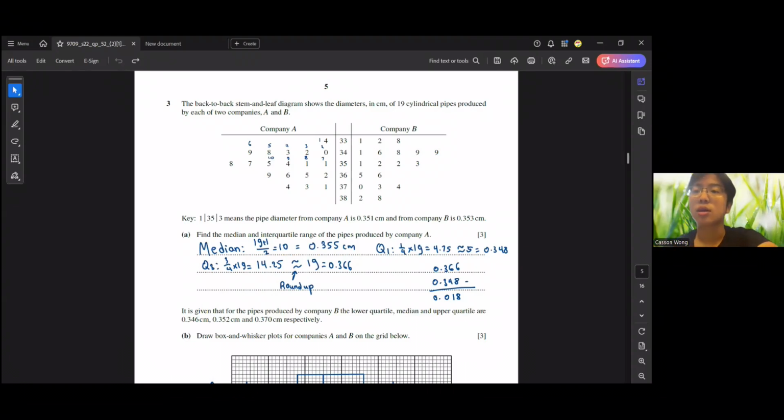Okay, so number 3, the back-to-back stem and leaf diagram shows the diameter in centimeters of 19 cylindrical pipes produced by each of two companies A and B. Find the median and interquartile range of the pipes produced by company A. The position of the median can be found by using the formula n plus 1 over 2.